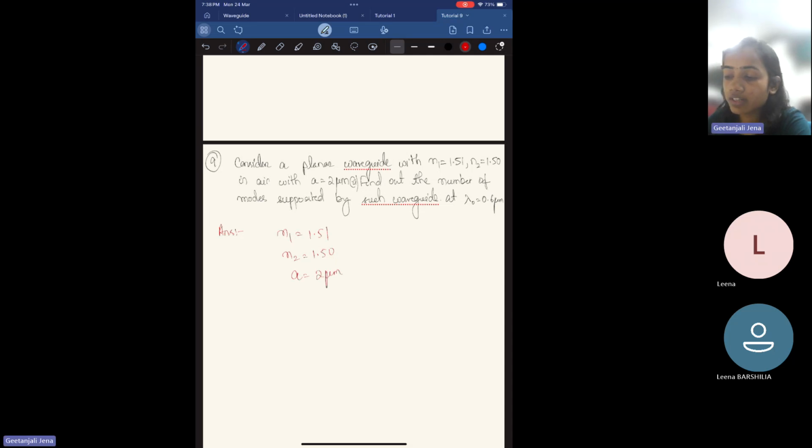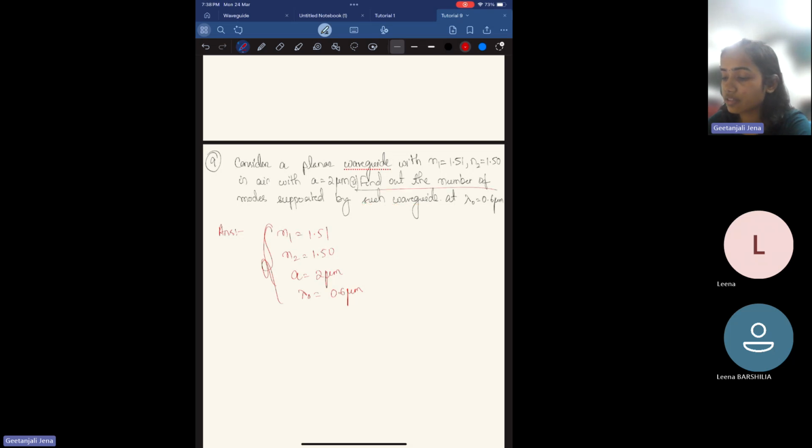Then the question asks to find out the number of modes supported by such a waveguide at lambda 0 equal to 0.6 micrometer. So just find out the value of V, and if you remember the trick to find the number of modes for planar, then you can get the answer.